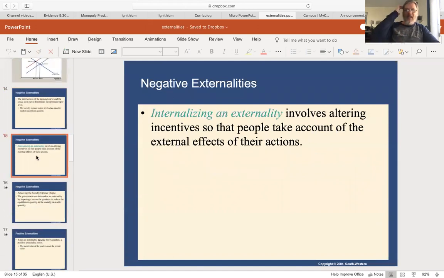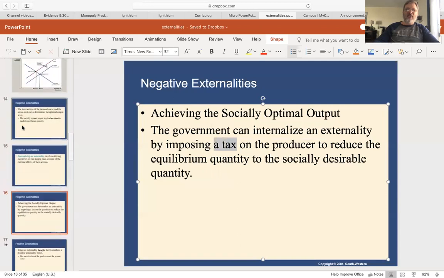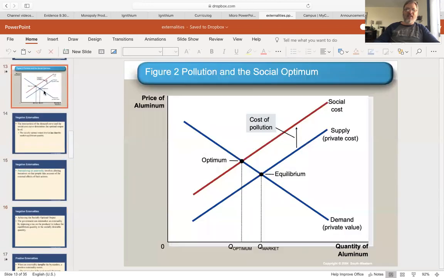So let's see. Now we'll talk a little bit about internalizing externalities. And again, that's altering incentives so people take into account these external effects. And one way, and the way that we're going to talk about that's most common, and you guys might have noticed that this diagram looks an awful lot like a diagram in which there's a tax on the supplier.